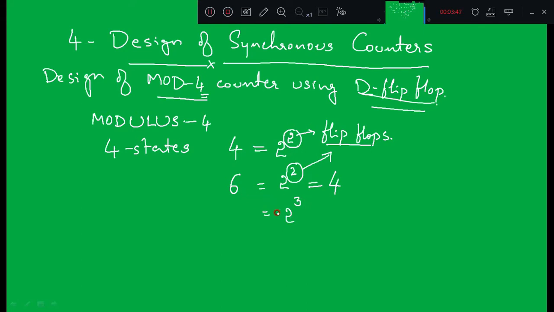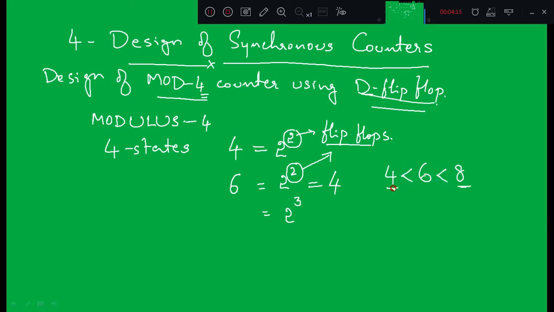Even though it is not a power of 2, you first identify that value between two different power of 2 values. Let us say 6 lies between 4 and 8, and 4 and 8 are the power of 2 values, right? So 6 is greater than 4 and less than 8.